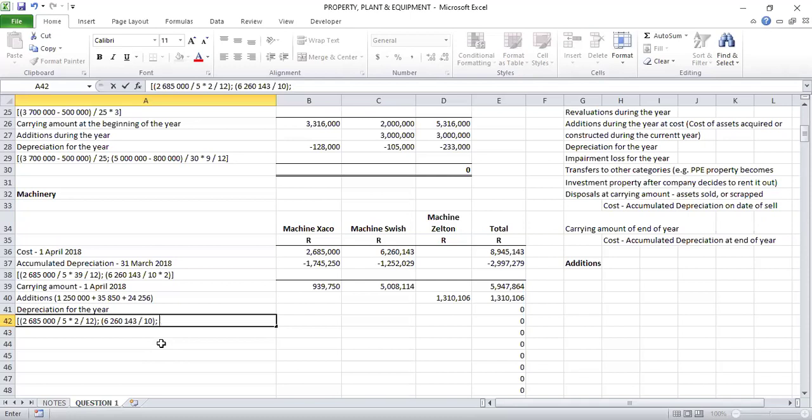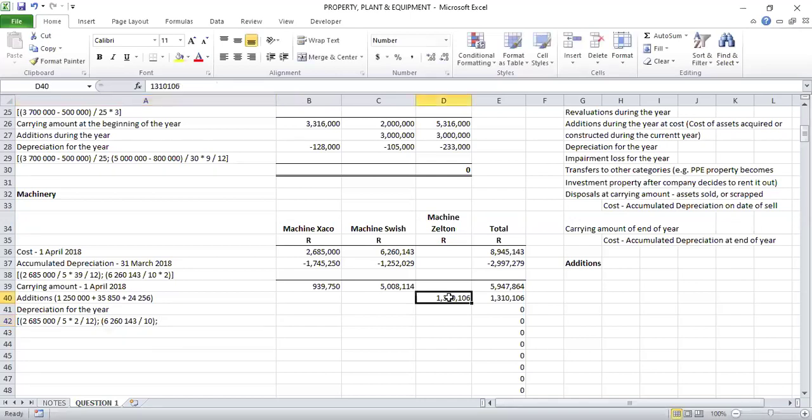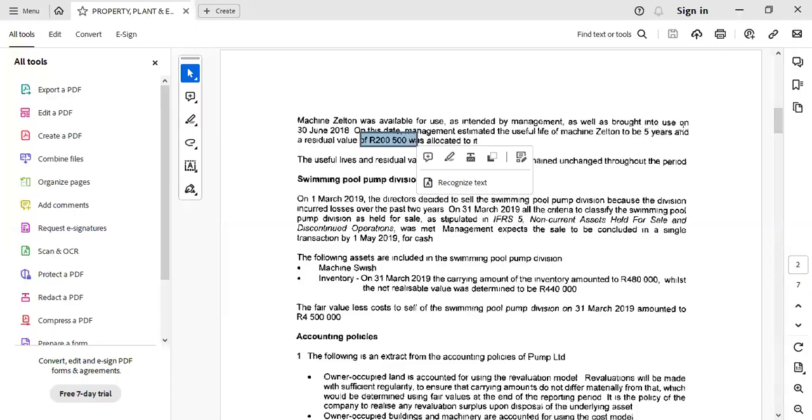Then the last one now, which is Zelton, the new one, which we bought for 1310. We first have to check, does it have a residual value? They said that it had a residual value of 200,500. And its useful life was 5 years.